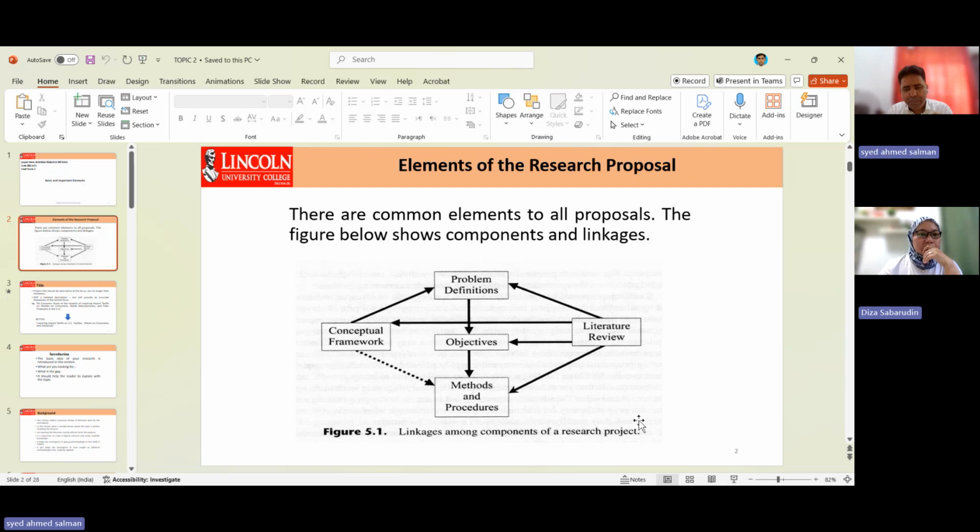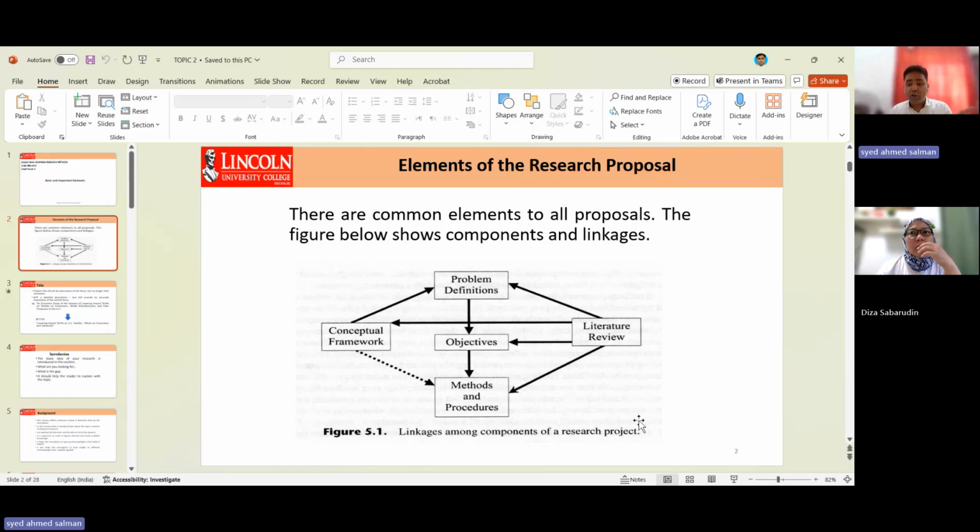If your problem statement is different and your objectives are different, they are not talking to each other, meaning that you are not doing something right. You are doing something wrong. There is an error because they are not talking to each other. Research objectives, research questions, problem statement, they should talk to each other.